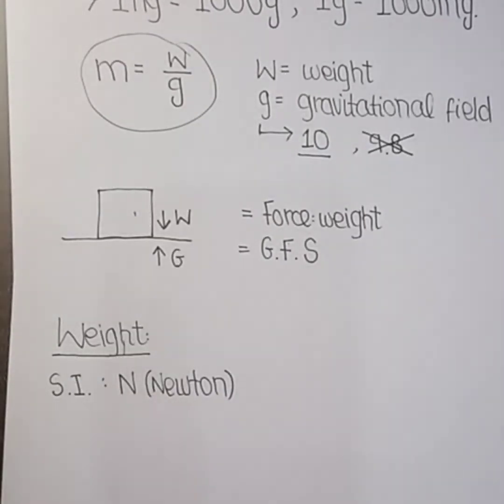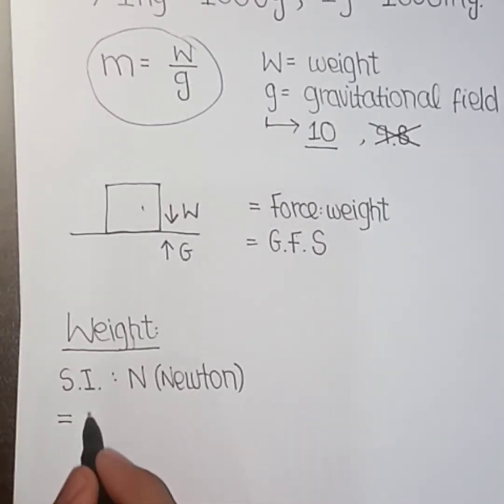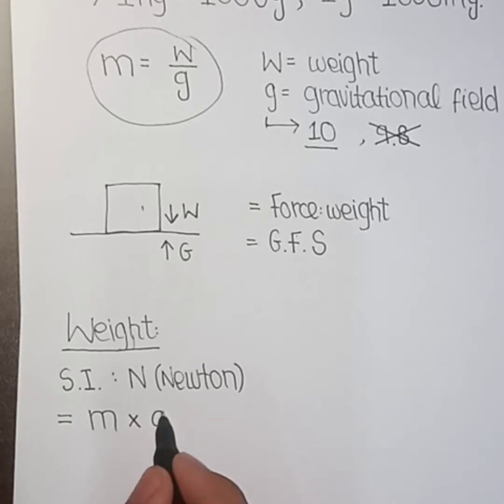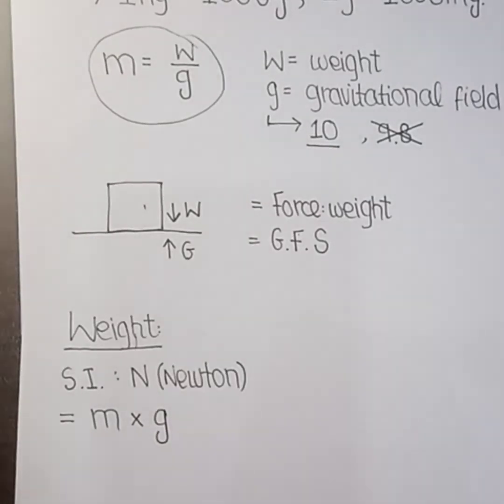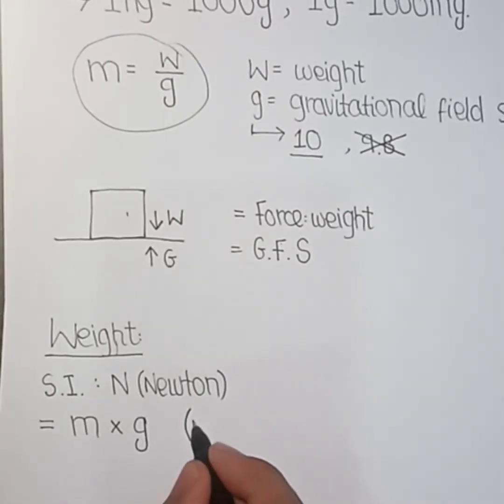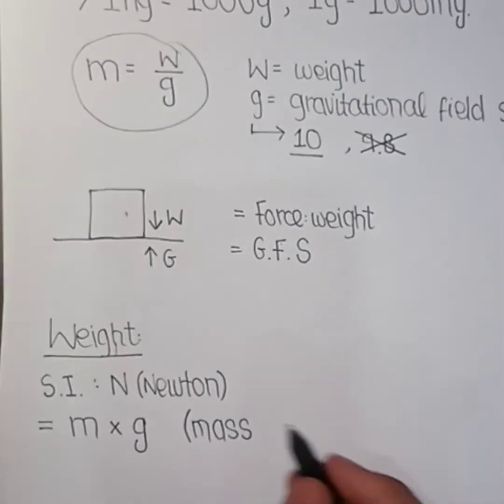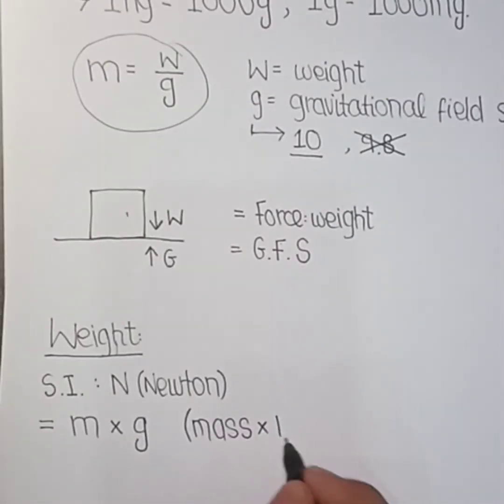Now we need to memorize the weight's formula, which is W equals mg. What does it mean? Mass of an object multiplied by 10.